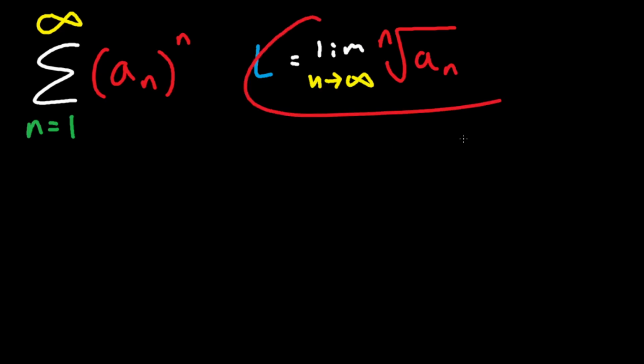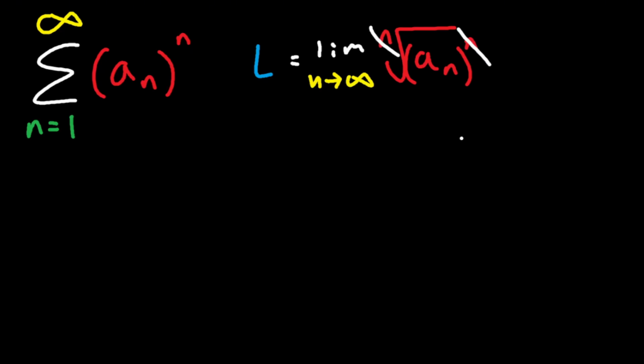This is the root test. So, if you have a of n to the power of n, then you can actually cancel out this nth root and this power. That's why you want the entire thing to be to the power of n with the root test, because it makes the limit very, very easy to solve.